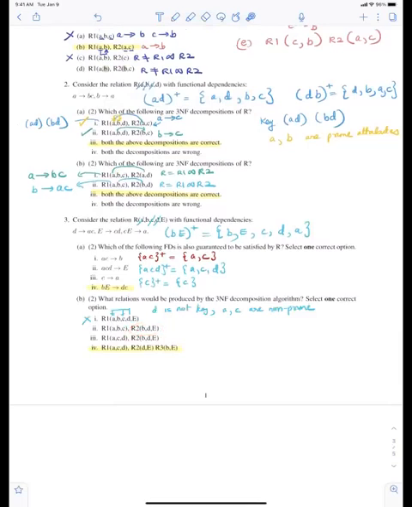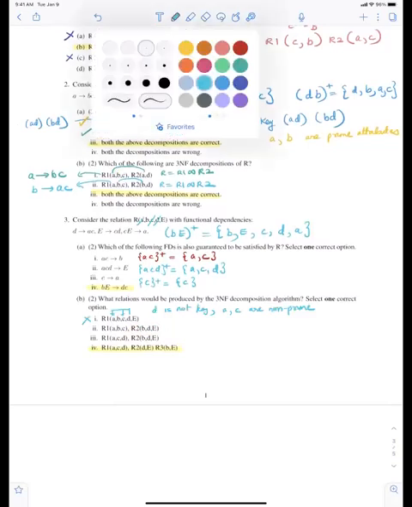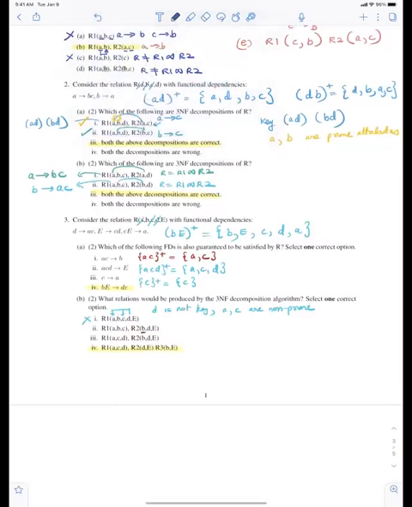For BDE, the key for R2 is BE, because you can't generate B from anything else, but you are given this functional dependency, E goes to D. In this case, E is not key, and D is a non-prime attribute.